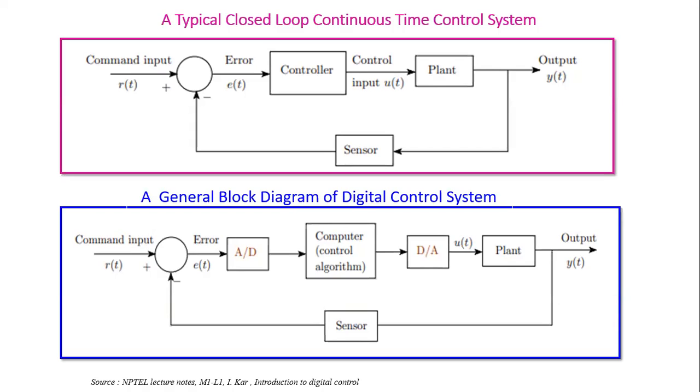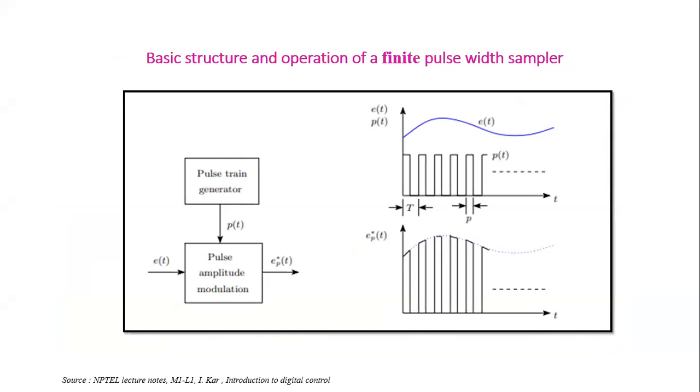If you have a quick look at the diagram, it is inevitable that sampling is the fundamental property happening in DCS. It is because of the discrete nature of the digital operation or the controller that you are planning to use. So if we look at this diagram now, we have sampling being indicated. It shows you the structure and operation of a finite pulse width sampler, and we see a basic block diagram.